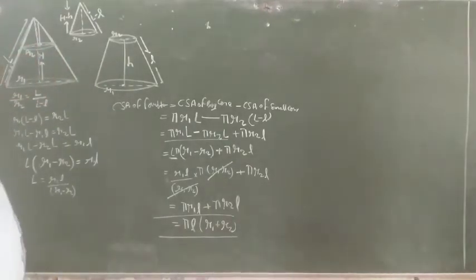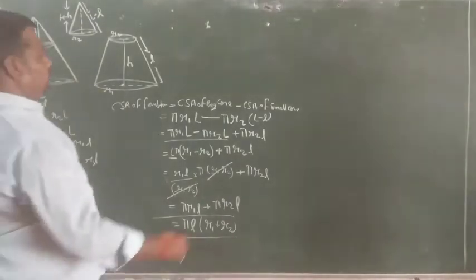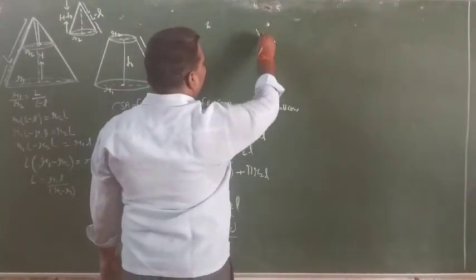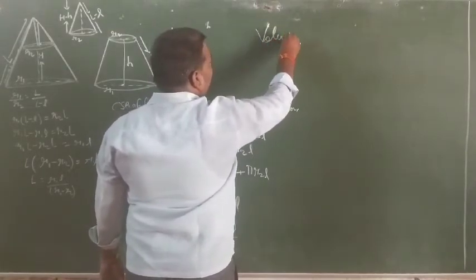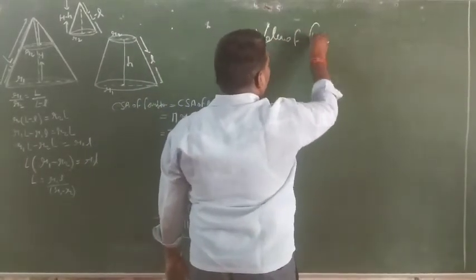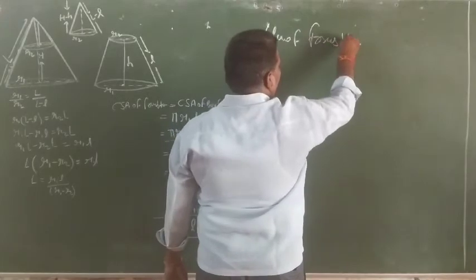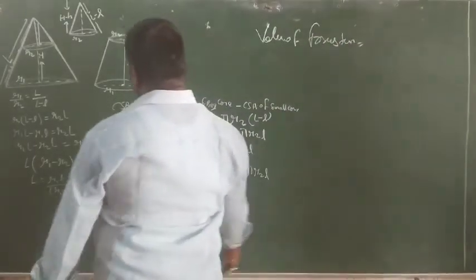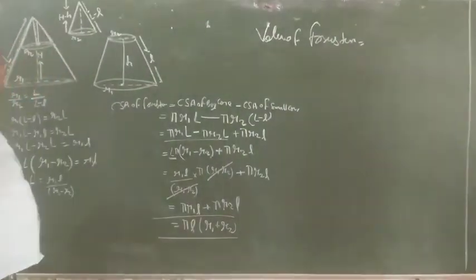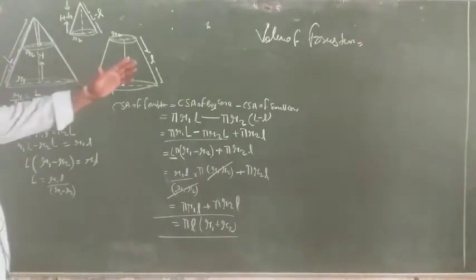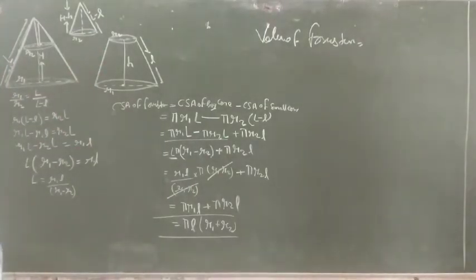Understood, students? In the same way we find the volume of the frustum. But one thing: when we find the volume of the frustum, we need the relation between radius and height.